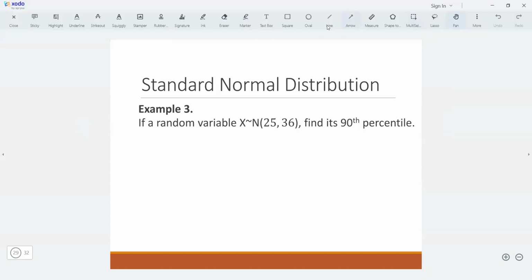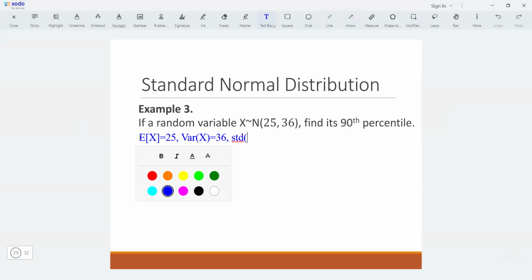So X is normally distributed, with the mean E(X) equal to 25 and the variance of X equal to 36. If we try to find the standard deviation, it equals the square root of 36, so the answer is 6.